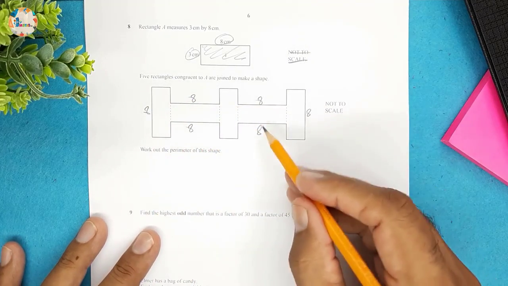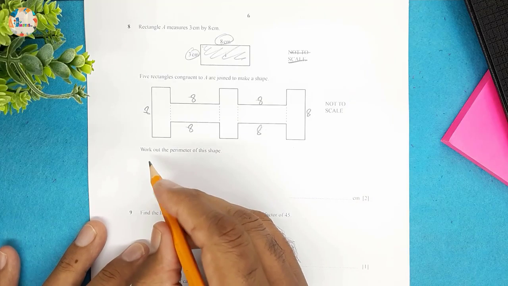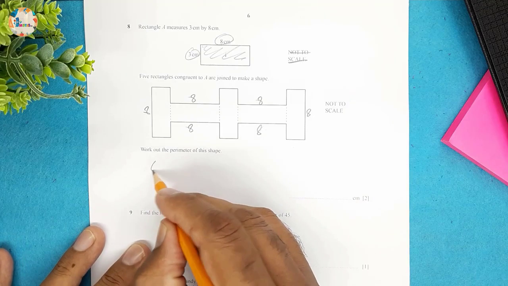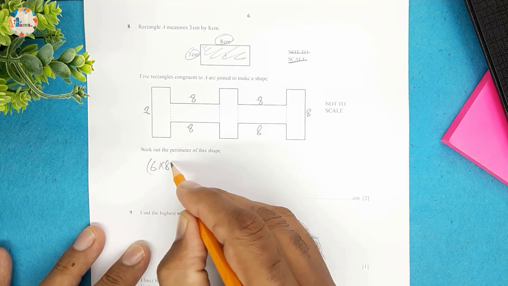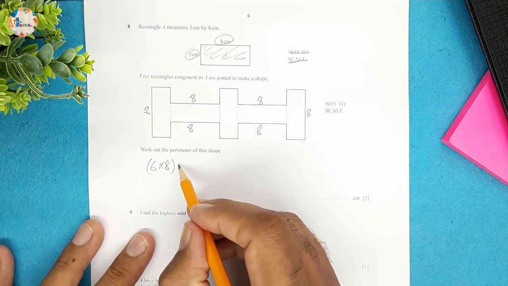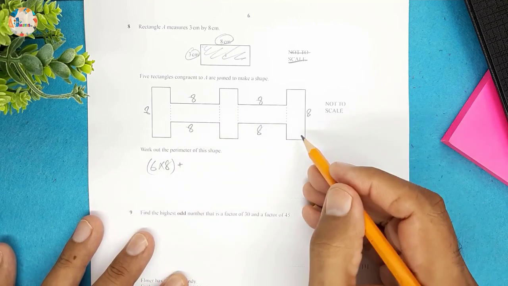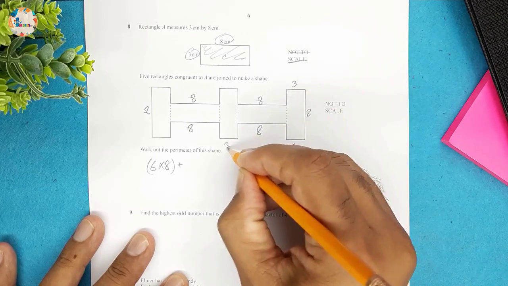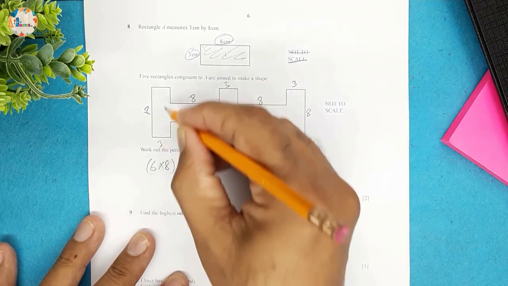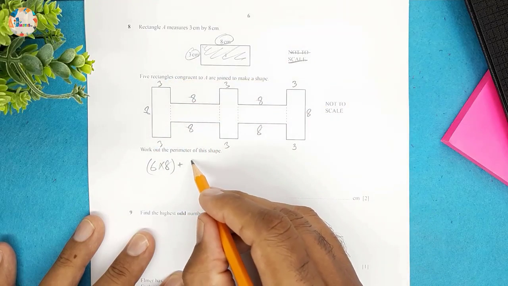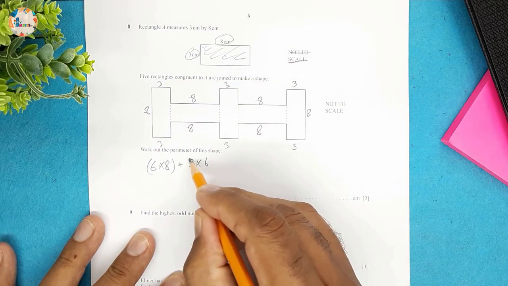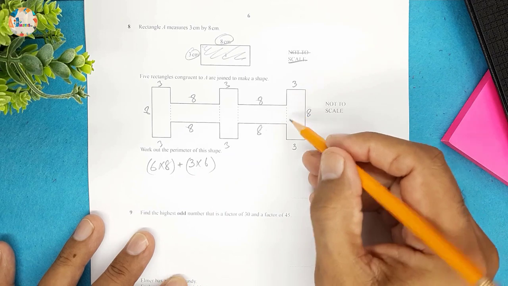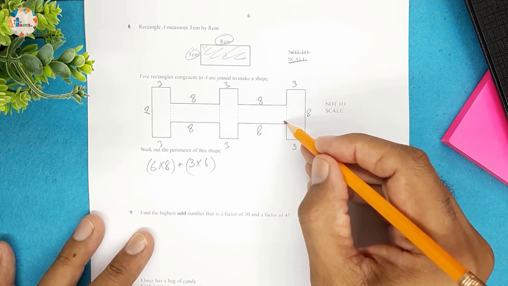So 1, 2, 3, 4, 5, 6. So we can write here 6 times 8, and plus we have to add basically 3 centimeters, 1, 2, 3, 4, 5 and 6, so plus 3 times 6.